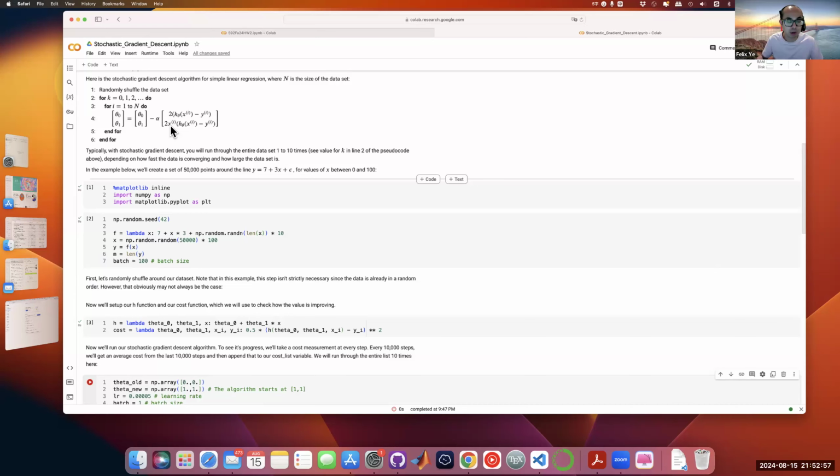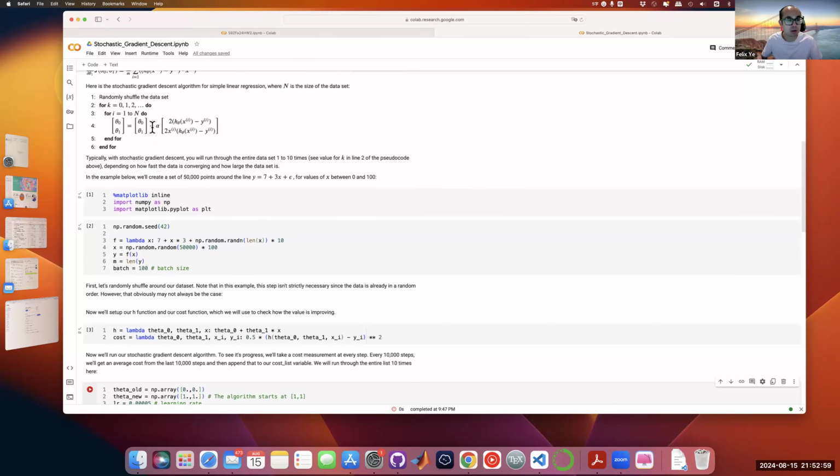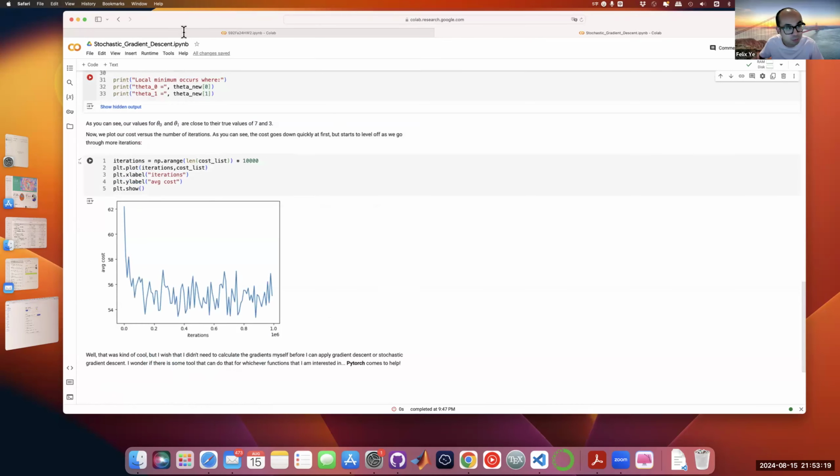Usually if you really want to converge to the local minimum, this alpha has to go to 0 asymptotically. Otherwise you will just be bouncing around the local minimum and never actually converge to the one you wanted. This is something you need to know here.